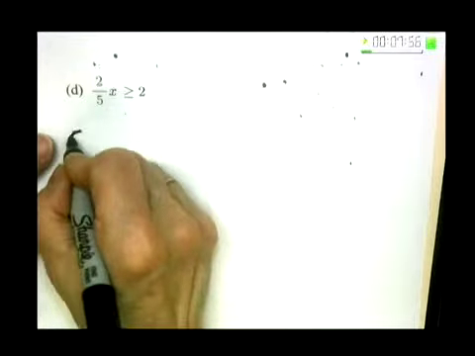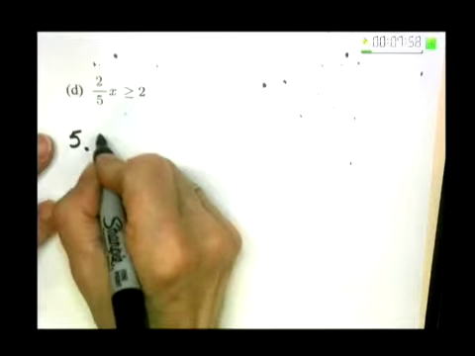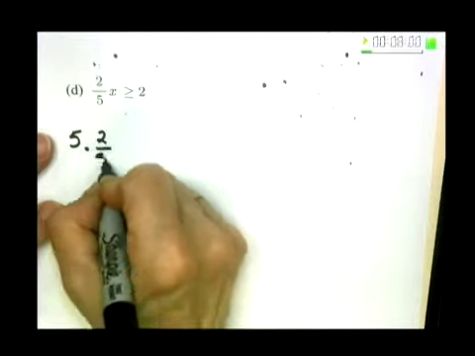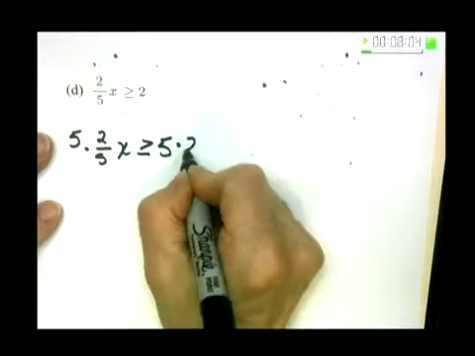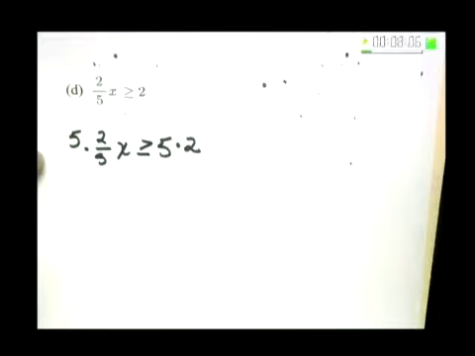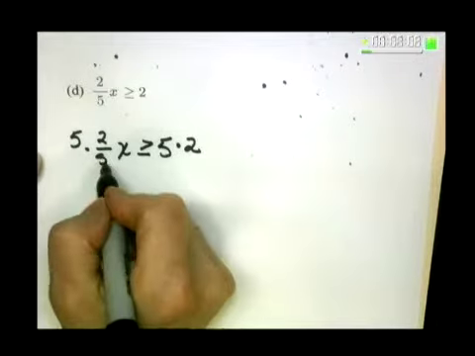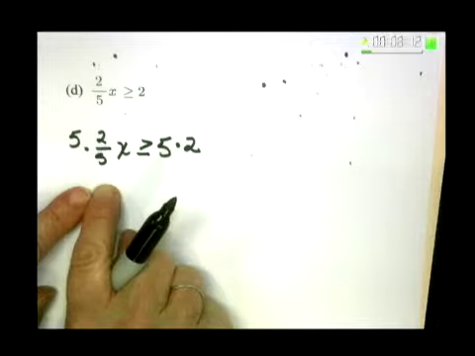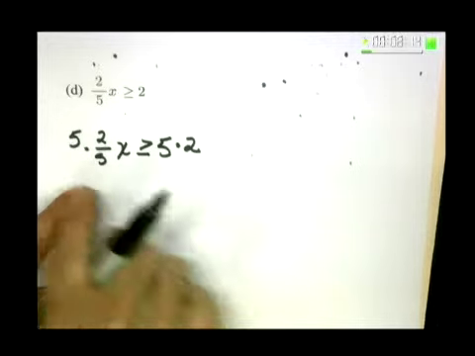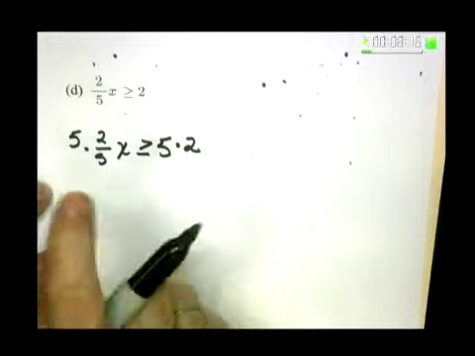So I want to multiply both sides of my inequality by 5, just like Miss Blumberg showed. And that looks like a 3, but it's really a 5, right? My 3's and my 5's are kind of messed up.